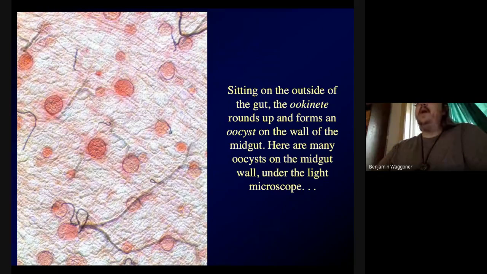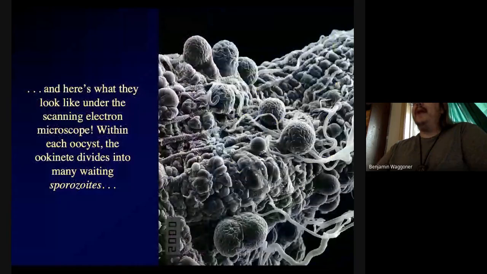And on the gut wall, you can see a whole bunch of ookinetes that have rounded up and formed, by this stage, they're called oocysts on the wall of the midgut, sitting there on the outside of the gut wall. That's what they look like under the light microscope. And that's what they look like under the scanning electron microscope.